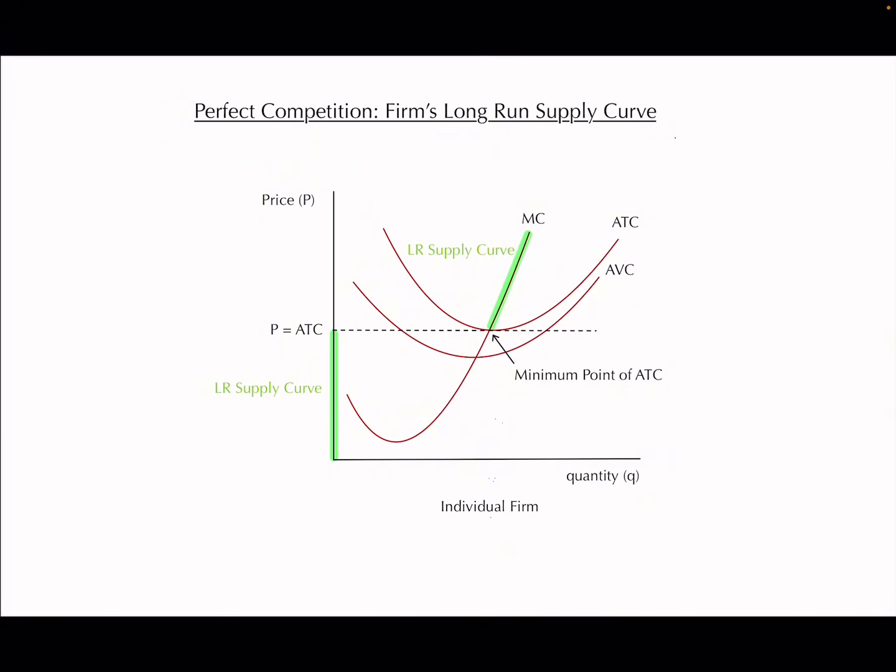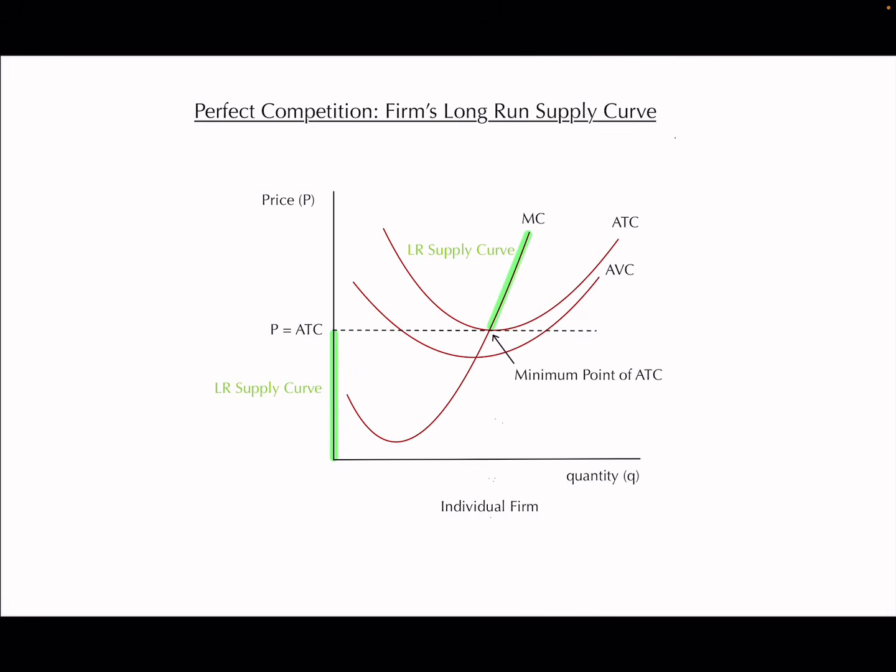This is because, as firms in the market gain profits, these profits will attract new firms to enter the market. New firms will continue to enter the market until the economic profits are virtually zero. This is where profit is maximized in the long run.